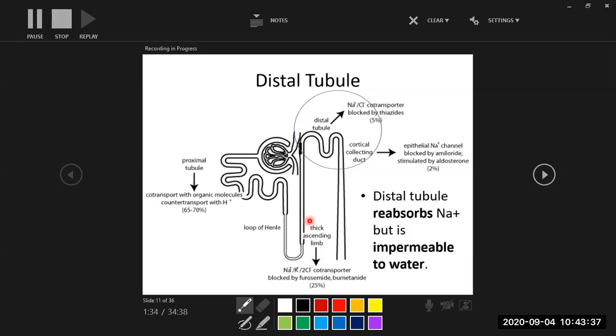Now in the distal, we have the sodium chloride co-transporter. In the proximal tubule we reabsorb about 2/3, up to about 70%. In the loop of Henle, we reabsorb about 25% of the salt. Then here in the distal, we reabsorb about 5% of the salt.